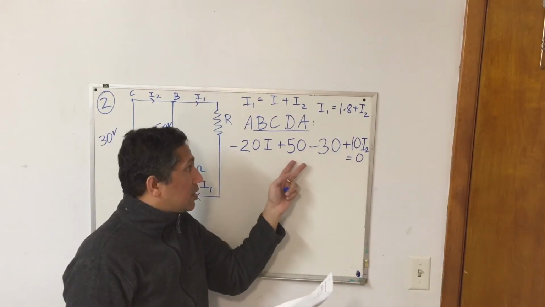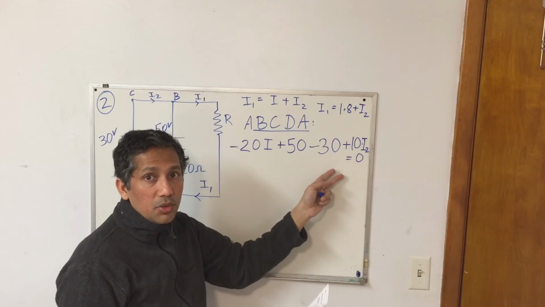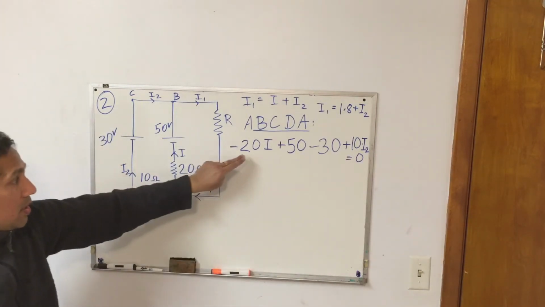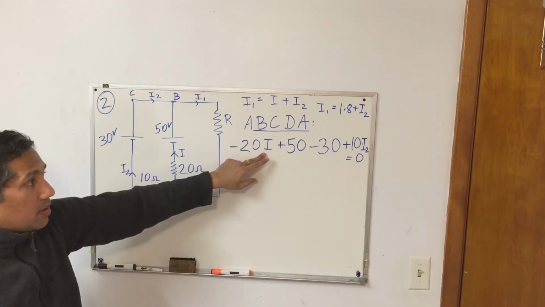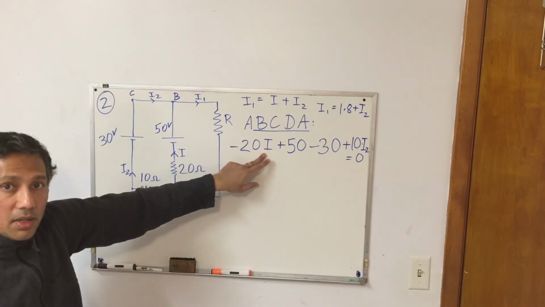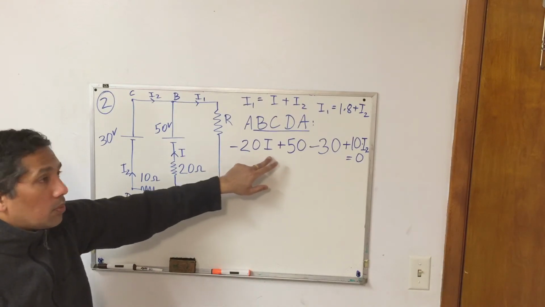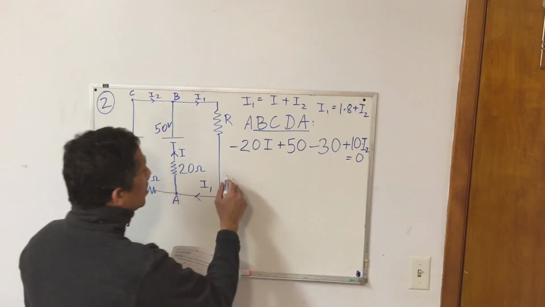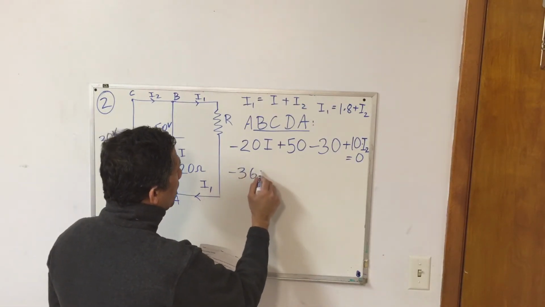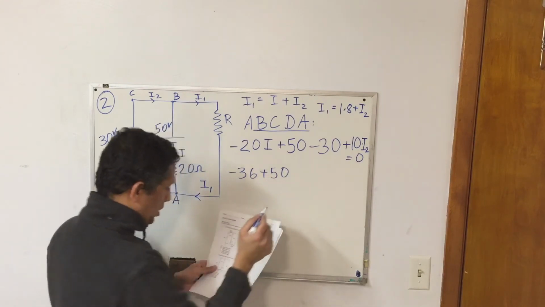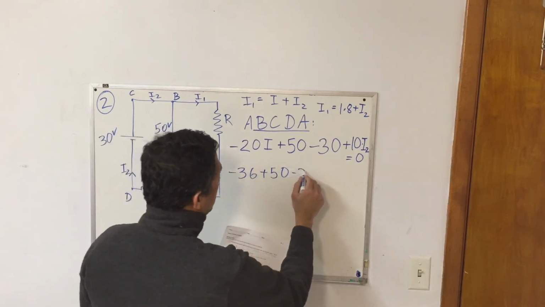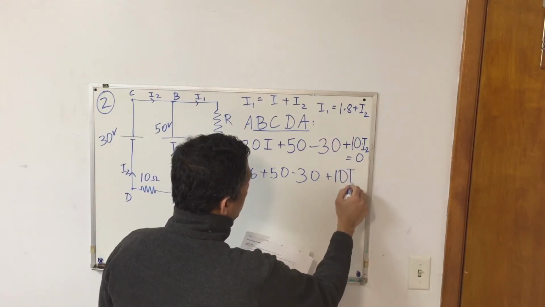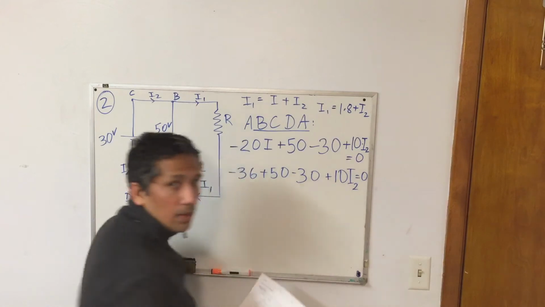Now that's all the physics. The rest of it is algebra, to solve for the value of the current I2. Minus 20 times I, where I is 1.8 amperes, and 20 times 1.8 is 36. So this expression becomes minus 36 plus 50 minus 30 plus 10 times I2 equals 0.